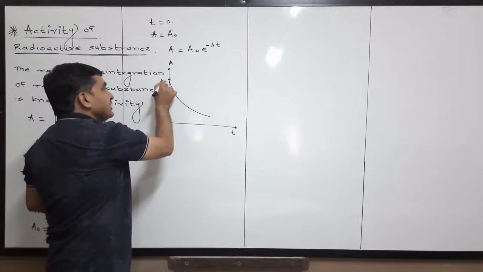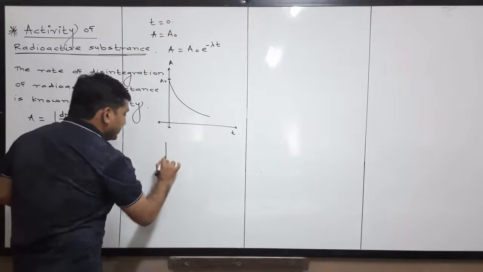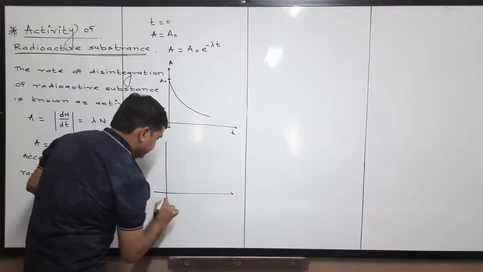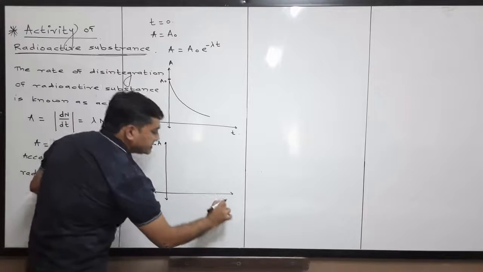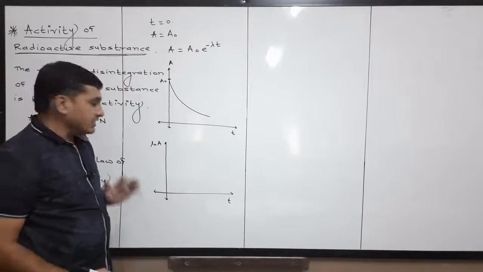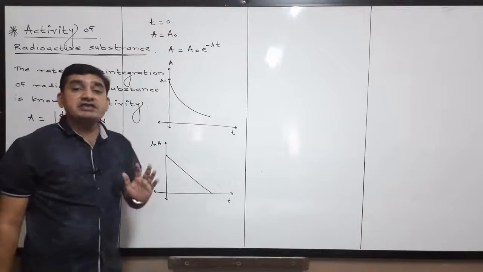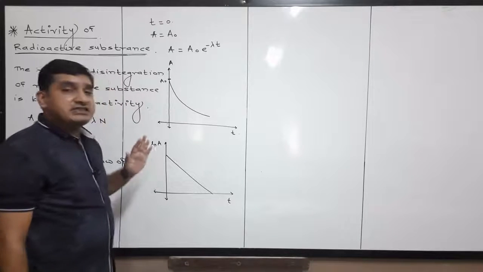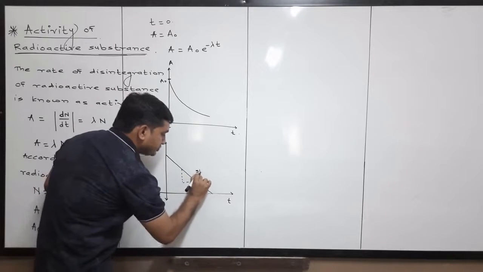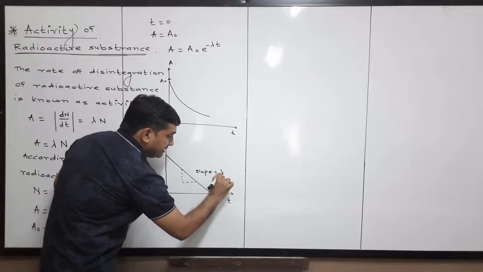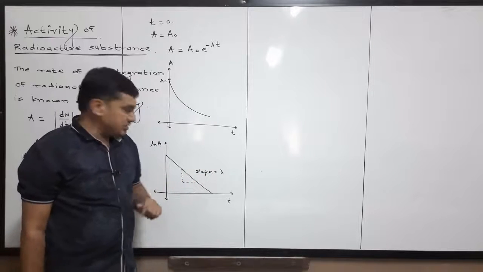When we plot a graph of ln of activity versus time t, the graph is a straight line like this, and the slope of this graph is equal to the decay constant or disintegration constant.